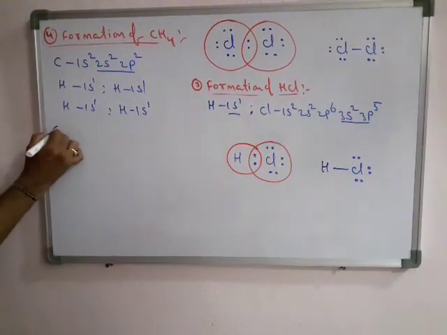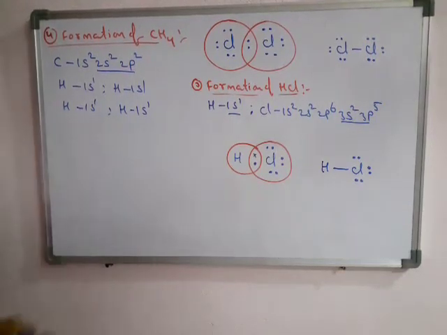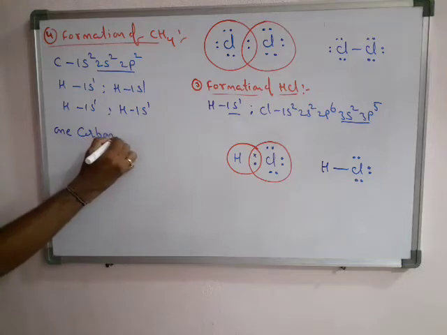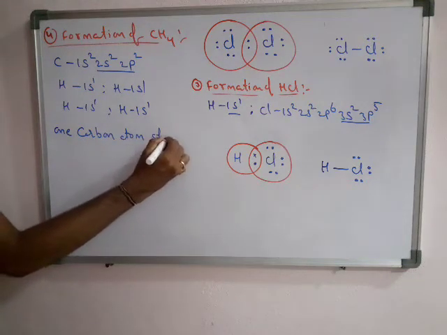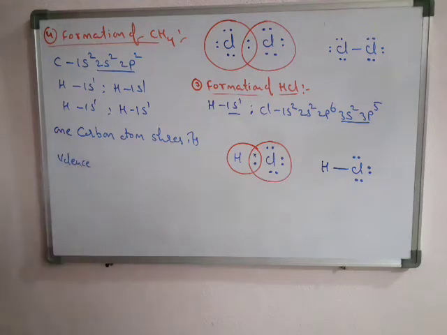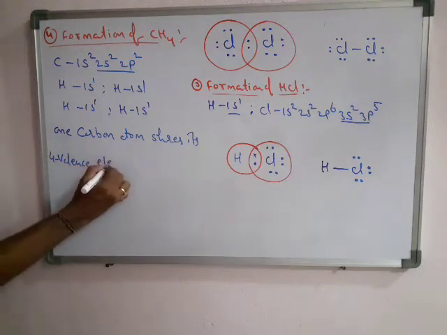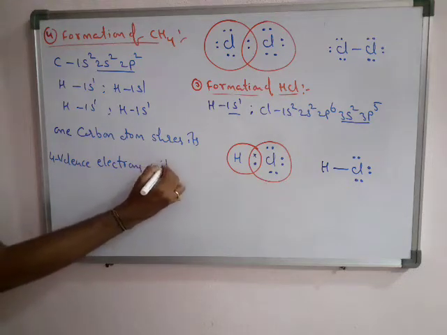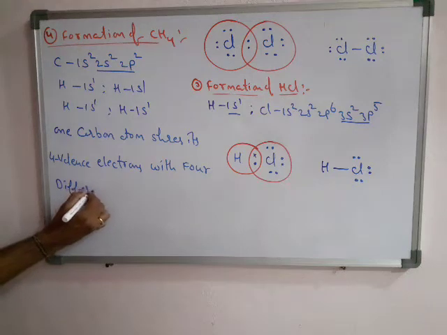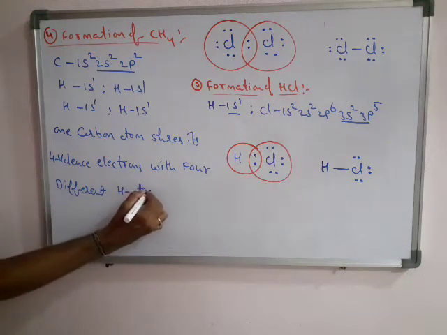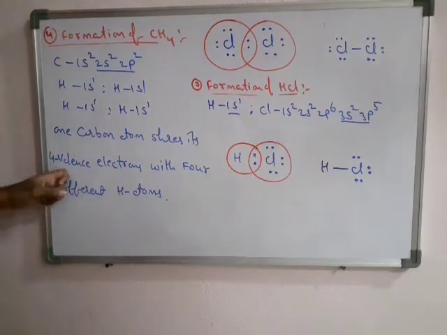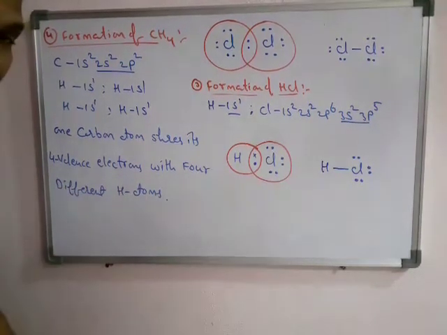So here the important thing is, in this bond formation we want to write a sentence: one carbon atom shares its 4 valency electrons with 4 different hydrogen atoms.